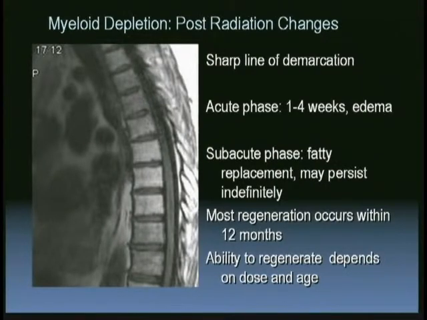But then, in the subacute phase, there's a fatty replacement of the marrow. And this can be reversible, particularly in children. They have a higher capacity for regeneration. It's also dependent on the dose. So the higher the dose, the lower the chance for regeneration.